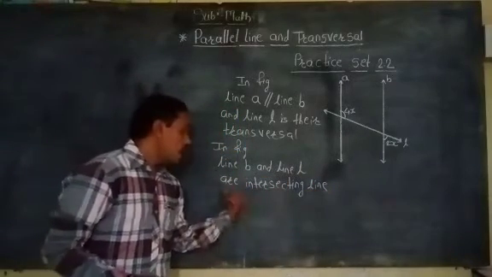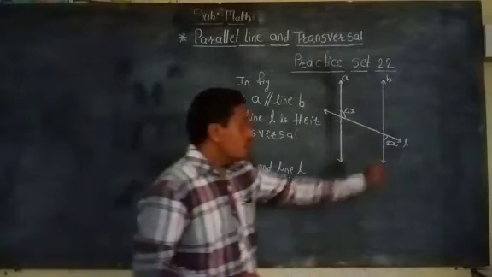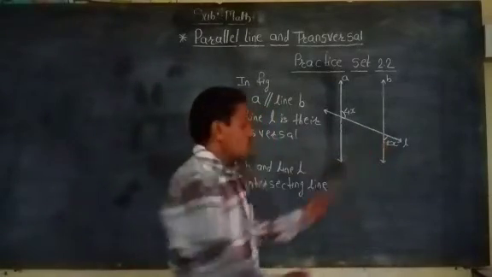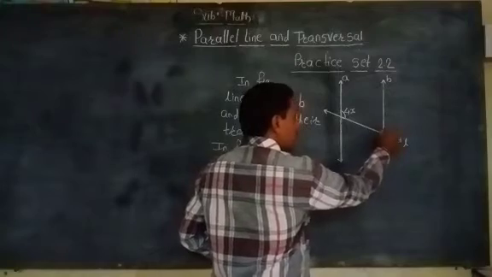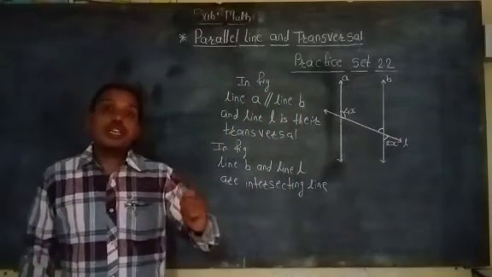In the figure, line B and line L are intersecting lines, and that is why this angle and this angle show some relation between them.